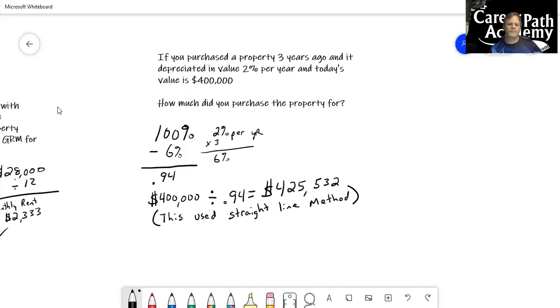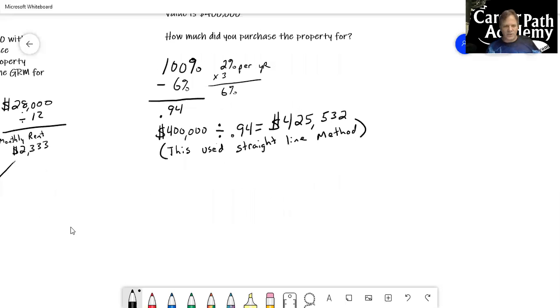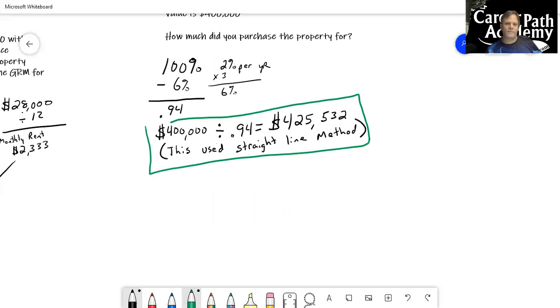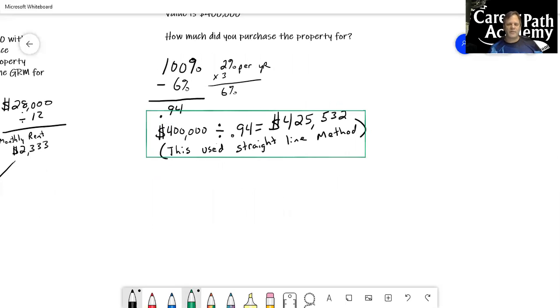Now, if the problem asked us to use the compounding method, how would we figure it out? So this was the answer using the straight line method. Let me just put that over here. That uses the straight line method.